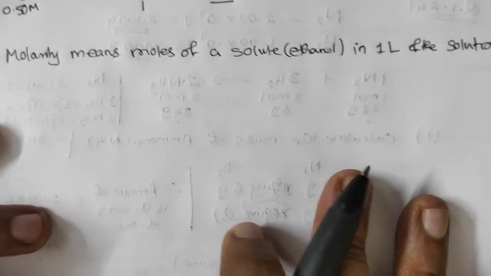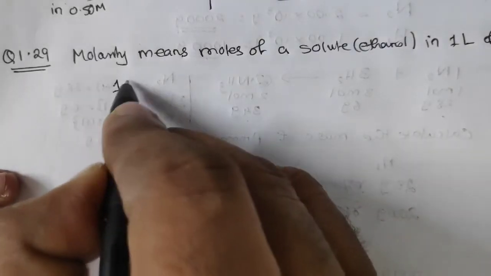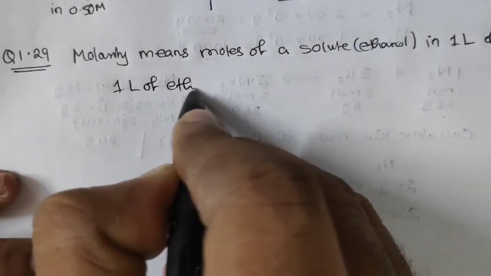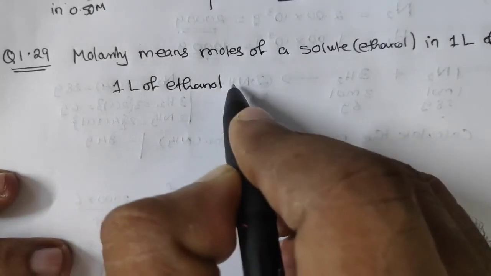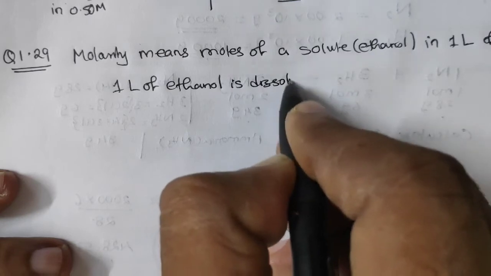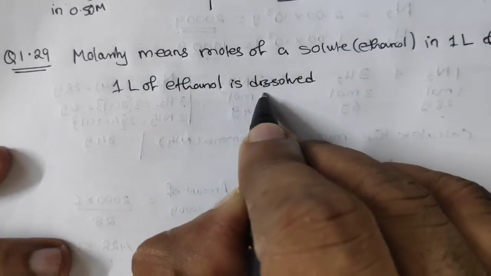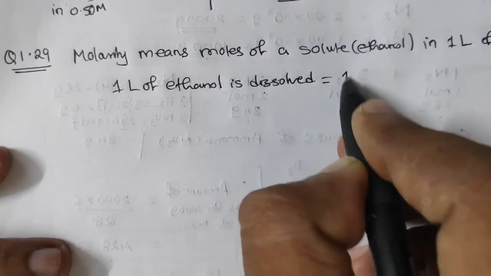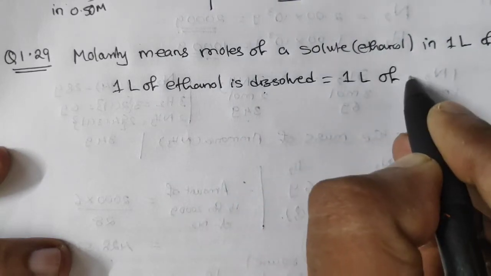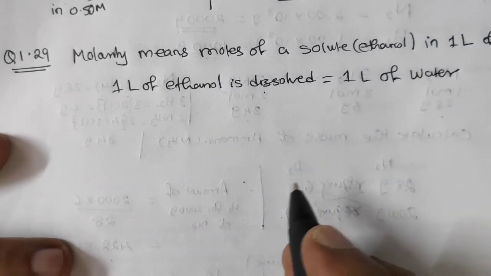This is the definition. So we can say ethanol is dissolved in 1 liter of water. So 1 liter of ethanol solution we can say is equal to 1 liter of water, because you have seen density is 1.